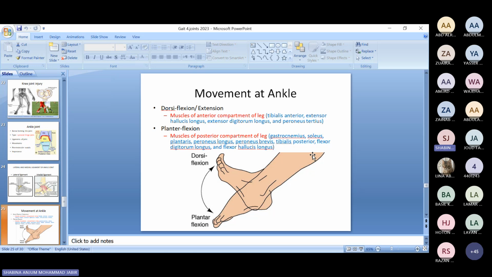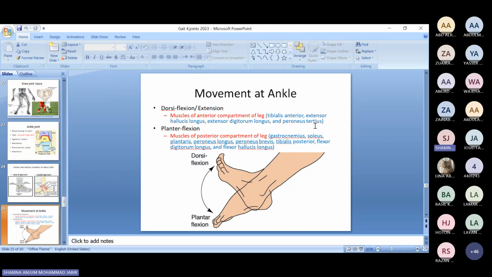Again, if you talk about the movement at the ankle, only two types of movements you can do: dorsiflexion and plantar flexion. Dorsiflexion is by the muscles of the anterior compartment like tibialis anterior, extensor hallucis longus, extensor digitorum longus, and peroneus tertius.